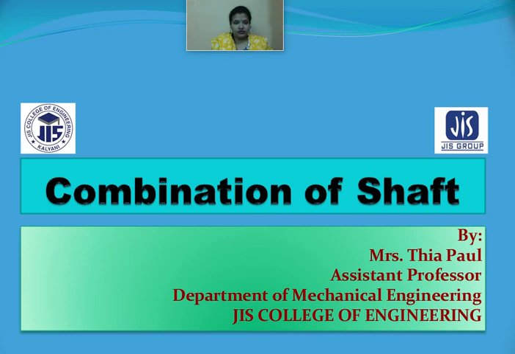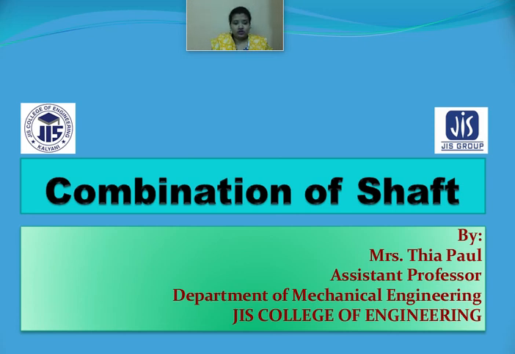And in this module, today I am going to give the detailed lecture on the combination of shaft. So far in my previous lecture, I have already discussed the torsional effect that occurs in the shaft. When torsion is applied over the shaft, shear stress is induced in that particular shaft.